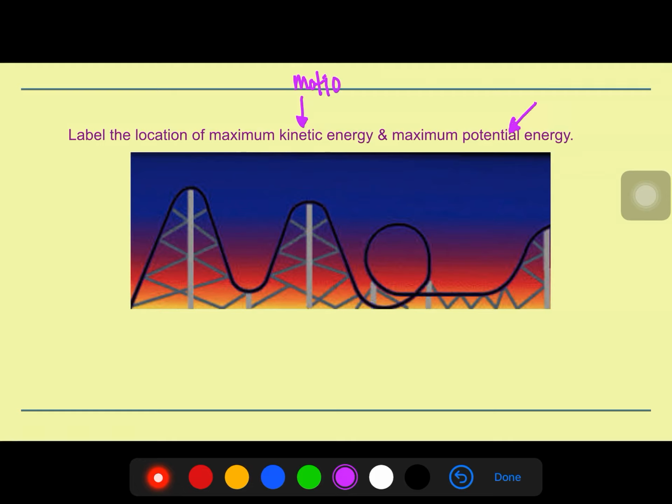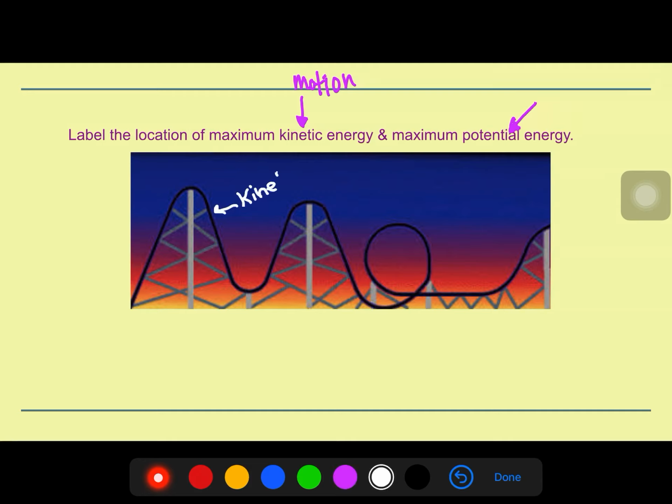Kinetic is energy in motion, okay? So moving energy is kinetic. And if it's still, we say it's potential energy. Where would the most kinetic energy be on this roller coaster? Probably right here down the hill, right? I would agree with you.